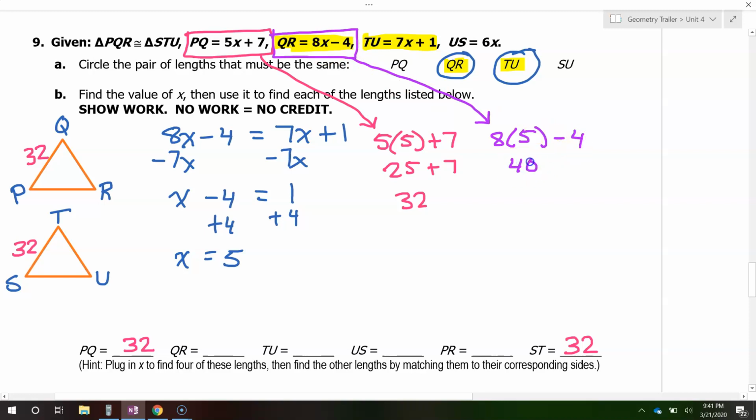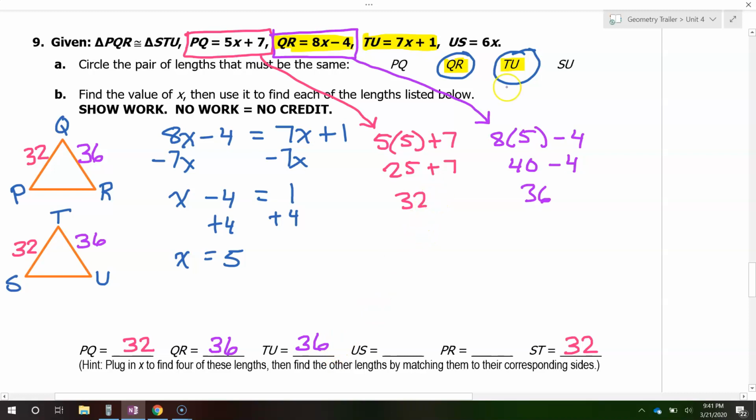So that's going to be 40 minus 4, which is going to be 36. So QR is 36. So that's right here. And these are corresponding sides, so that means TU is also 36. No need for me to plug anything in there. I already know that they're equal.